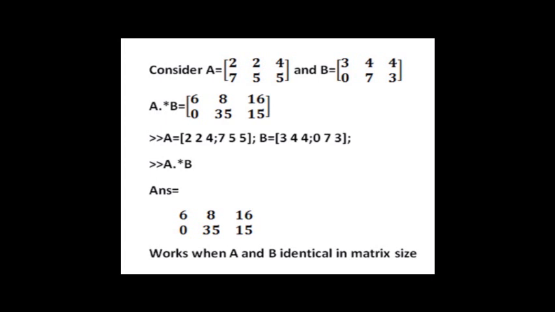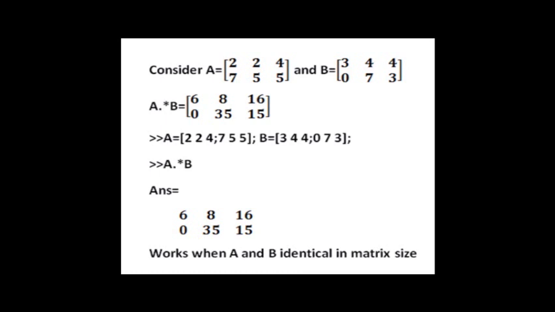On screen, you see there are two matrices A and B, each of size 2 by 3. Coordinate 1 1 of matrix A has 2, coordinate 1 1 of matrix B has 3. So their product is 6, and continuing this way, we see the product matrix as 6, 8, 16, 0, 35, 15.